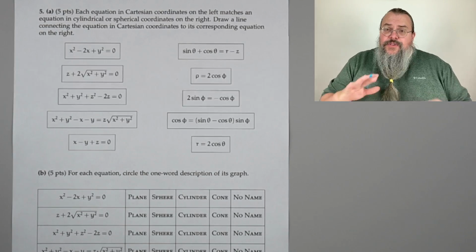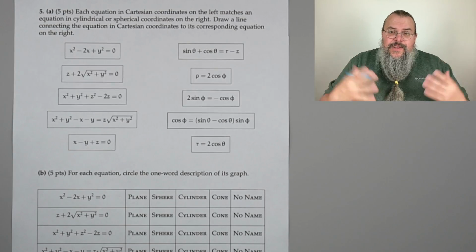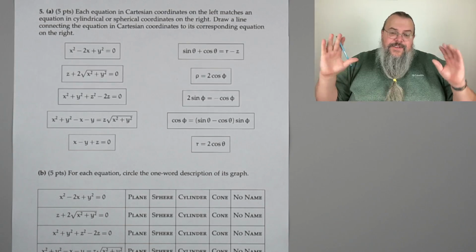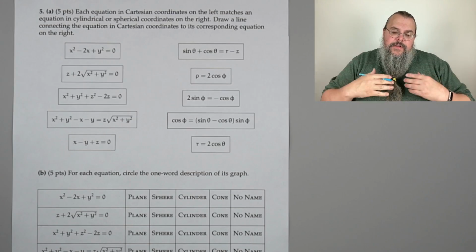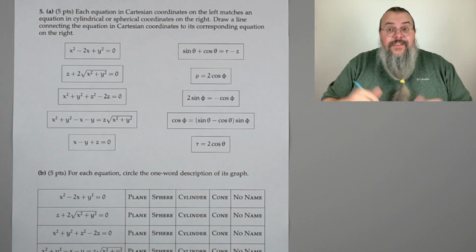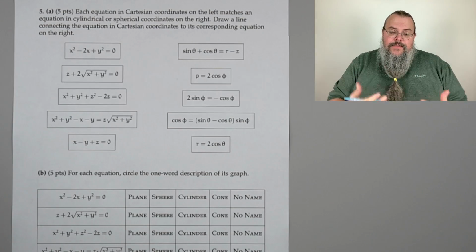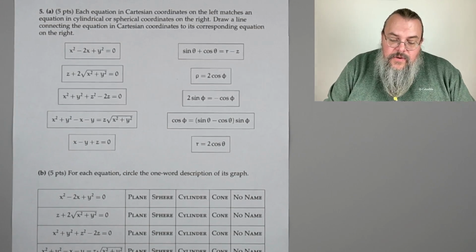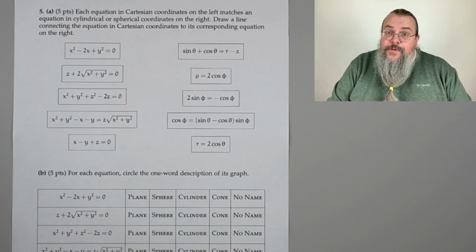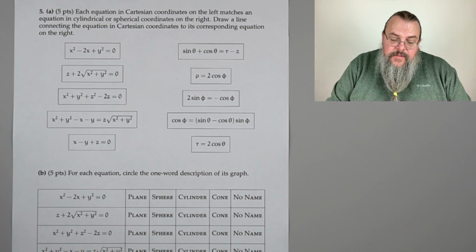It can be a little bit tricky here. I'm not going to say things are going to be totally obvious and instantaneous, because it's not. You have to understand how everything fits together. So let's see if we can reason through a couple of these.